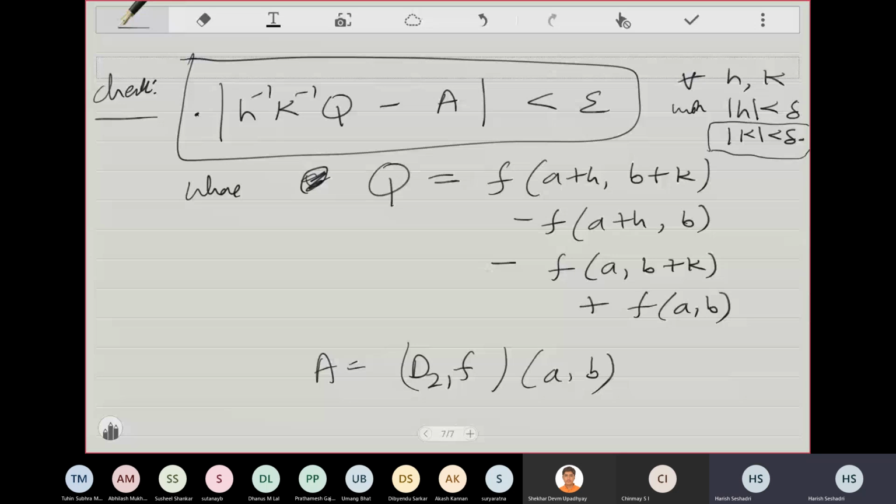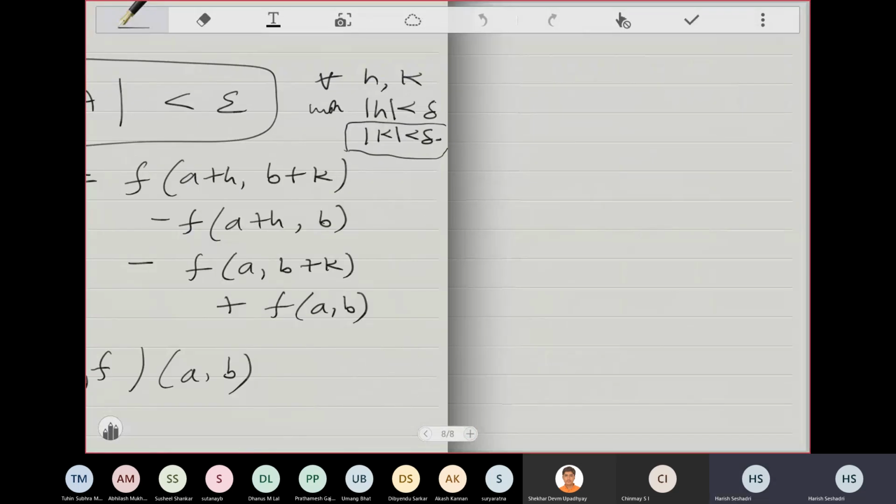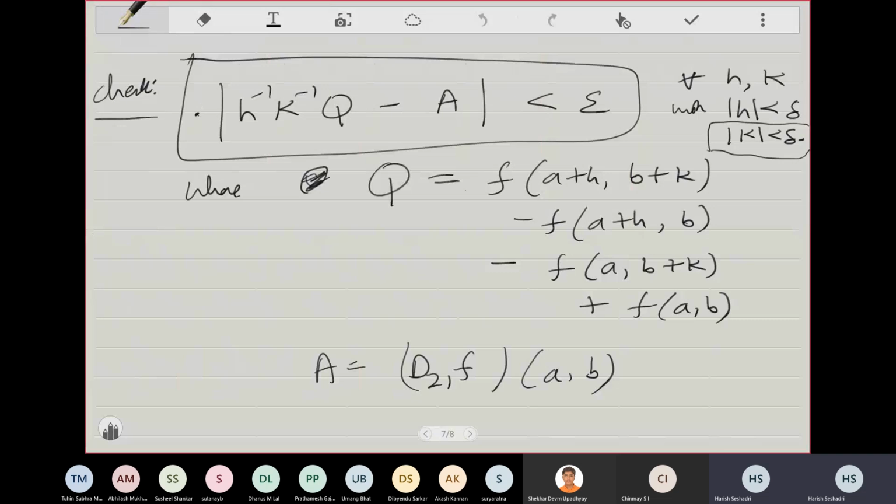Now, this Q notation and capital A is used by Rudin. Oh, sorry, this is not Q. This is what he calls delta(f, Q). Delta(f, Q) is this one.